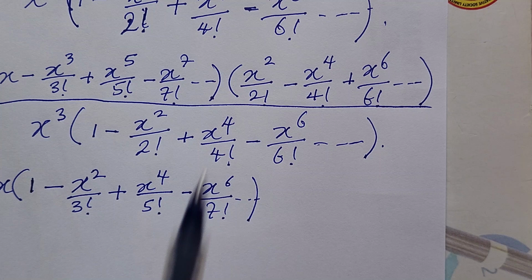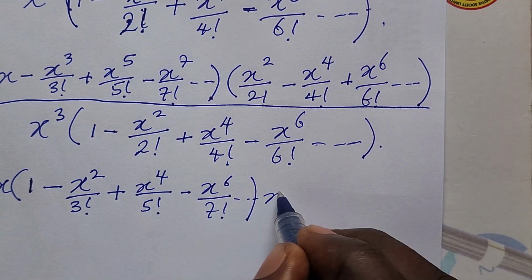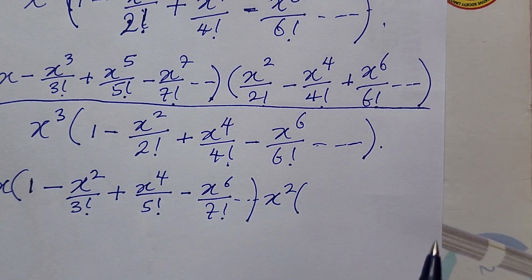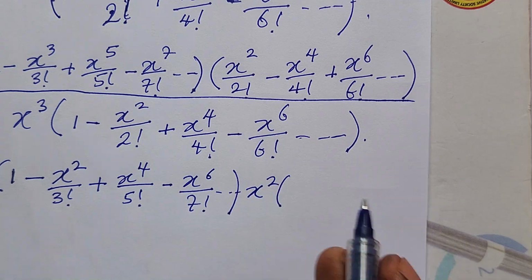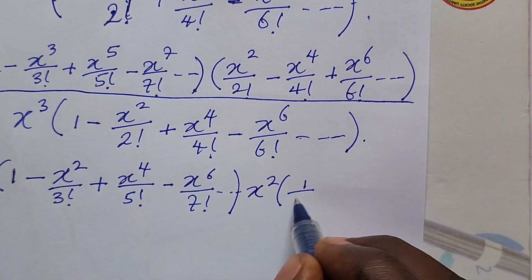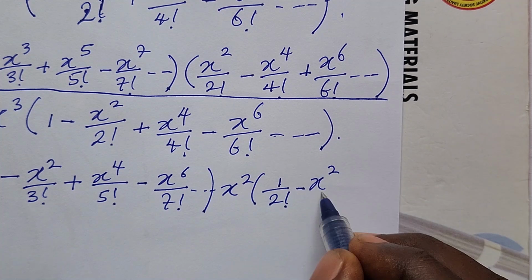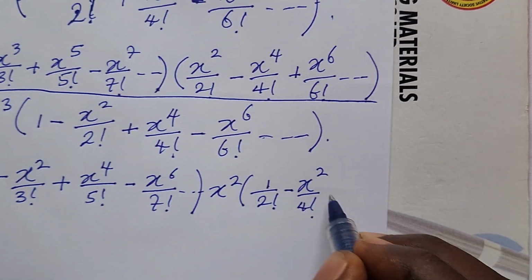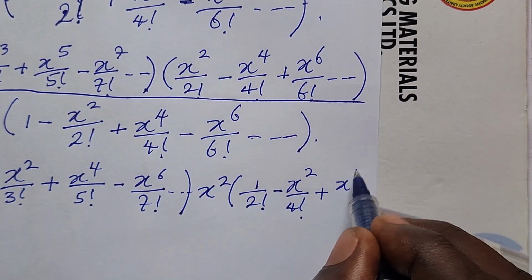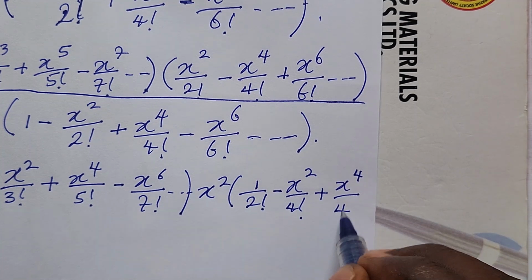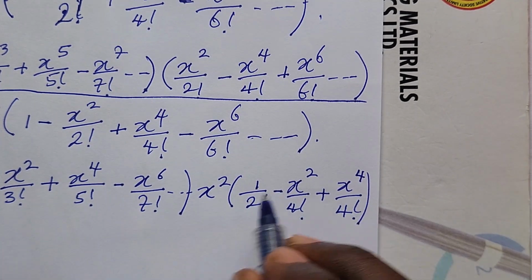Then here we are bringing out x to the power of 2. So I have here x to the power of 2 bracket. Here we're left with what? Just 1 all over 2 factorial, then minus x to the power of 2 all over 4 factorial, then plus x to the power of 4 all over 6 factorial, close bracket.